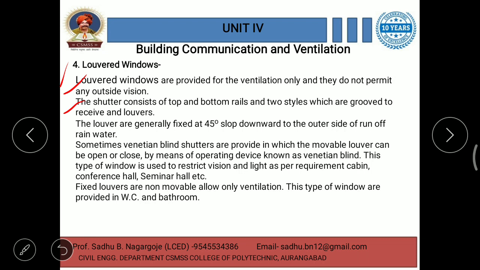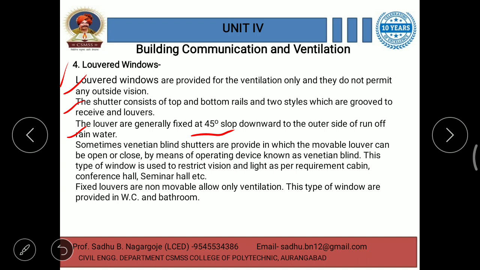The shutter consists of top and bottom rails and two stiles which are grooved to receive the louvers. The louvers are generally fixed at a 45-degree slope, downward to the outer side, for rainwater.